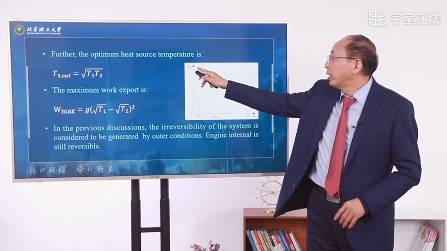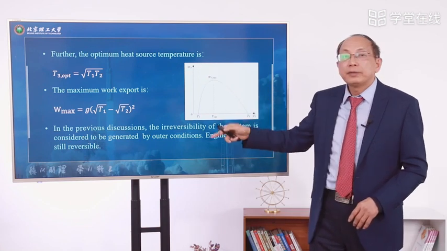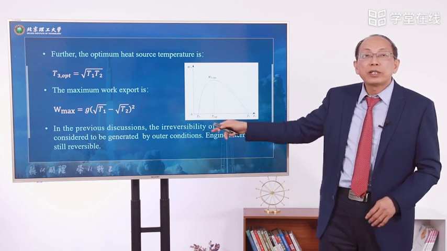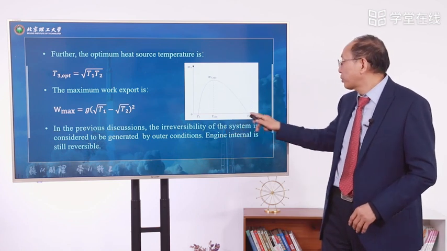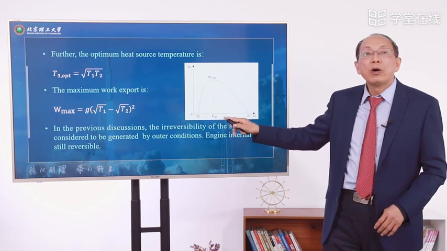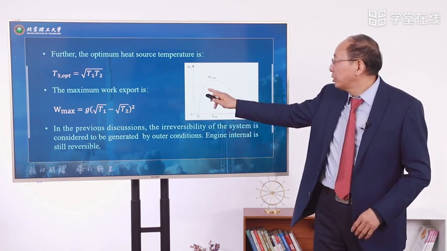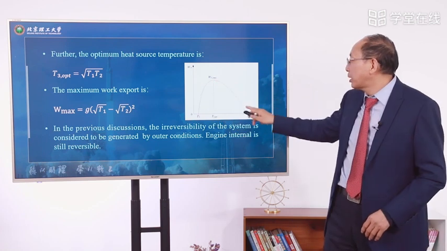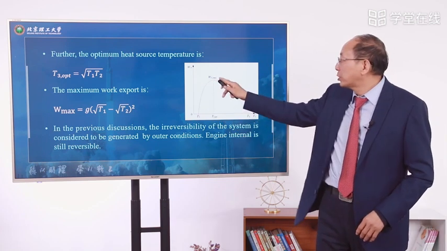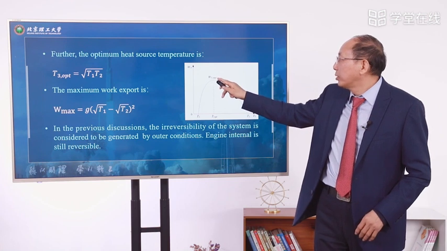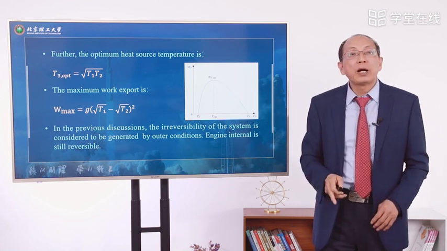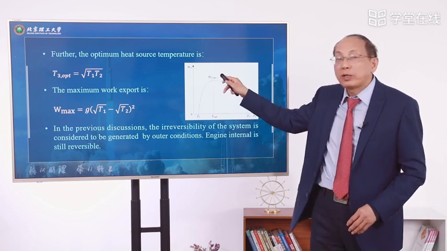If we use W as the vertical axis and T3 as the horizontal axis, we can find the work output has a very special curve. There is a very good maximum, a very good point.